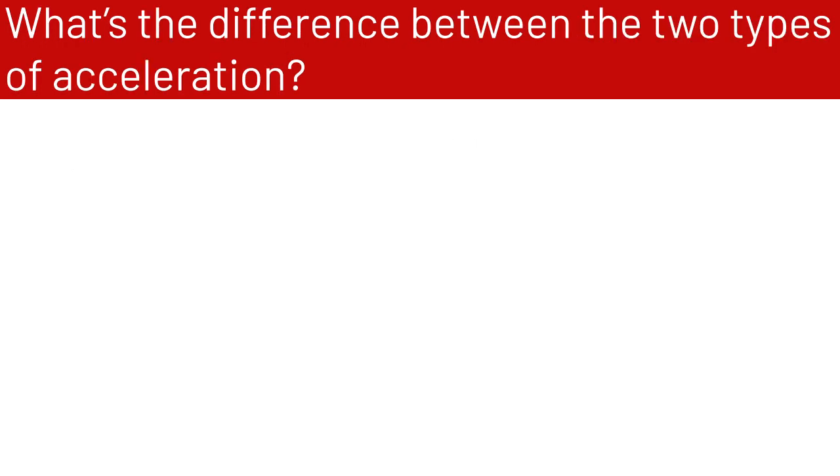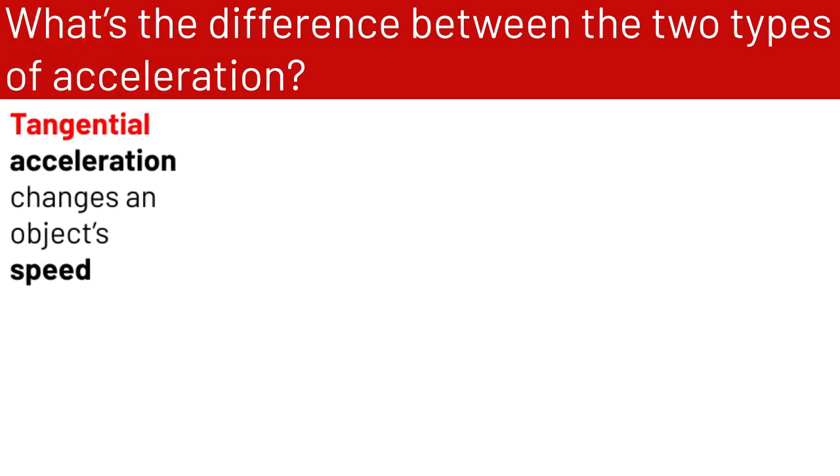All right, so let's talk a little bit about the difference between the two types of acceleration. We've got our tangential acceleration, which is the type of acceleration that we've always talked about before this point. So tangential acceleration changes an object's speed. So that's the type of acceleration that we've dealt with prior to now.